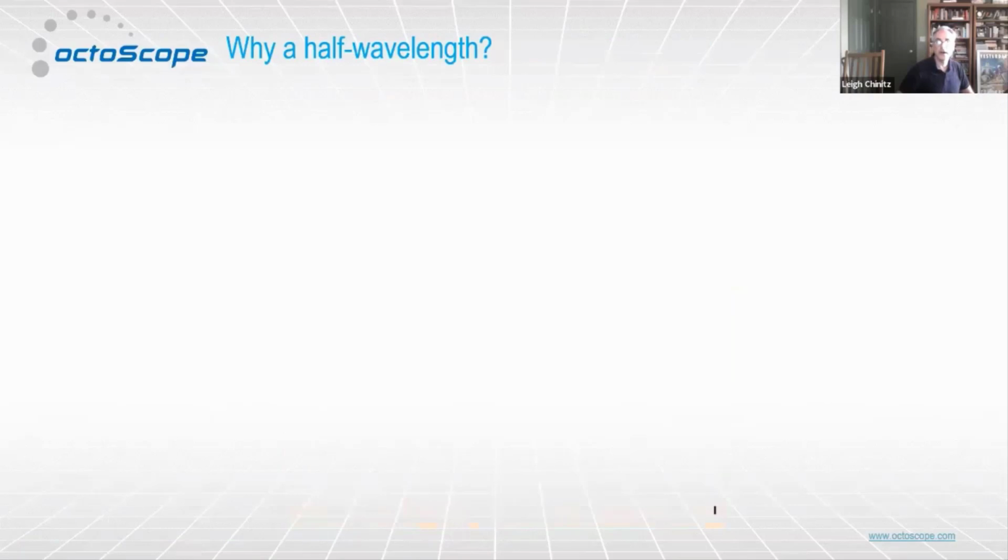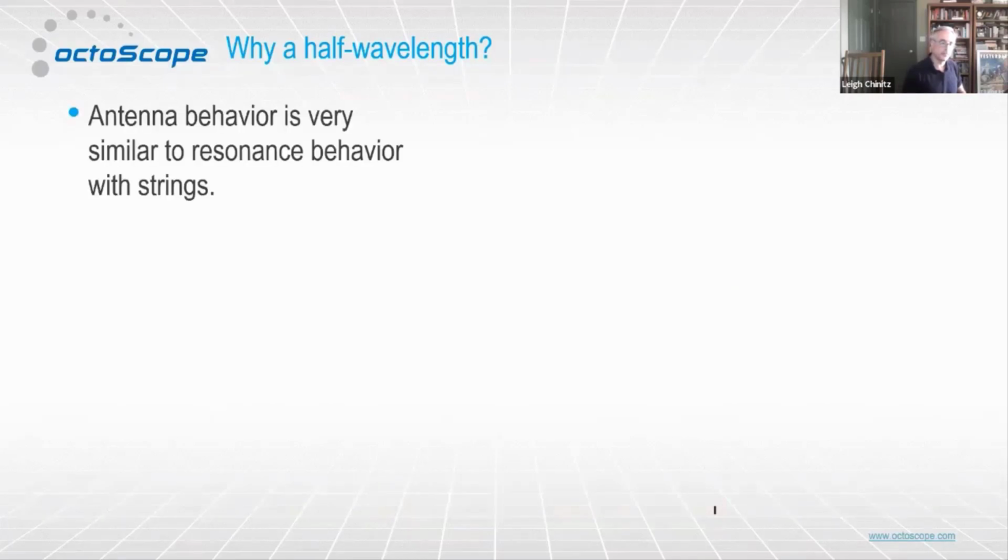So now, I've said a half-wave dipole a couple times. I said that if the length of our antenna is half of the wavelength, it would have that sort of pattern. So why do I keep focusing on half of a wavelength? Another really useful way of thinking about antennas is to think of them as similar to strings.